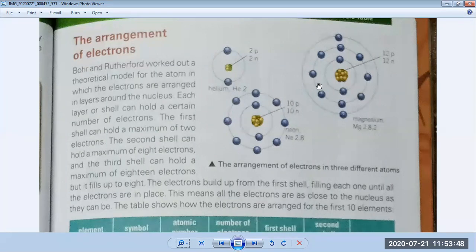We cannot accommodate more than 8 electrons in the second shell. Now come to the third shell. We will repeat our formula again. The third shell after K and L is the M shell.